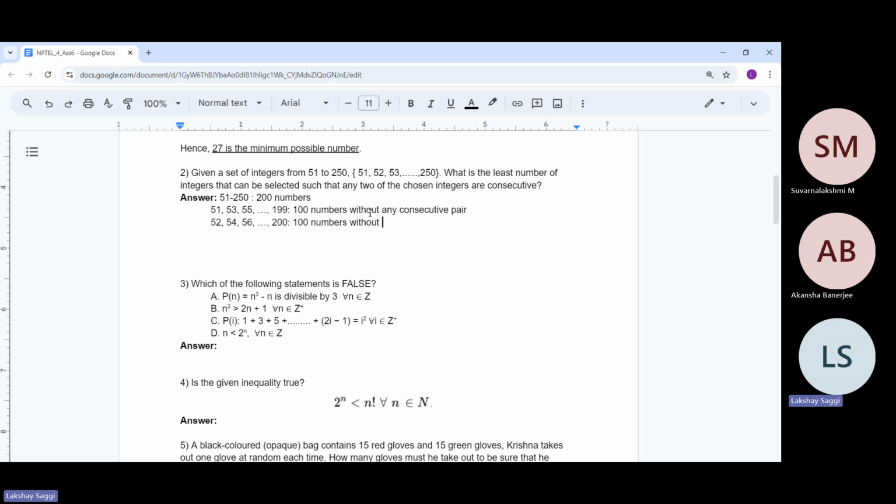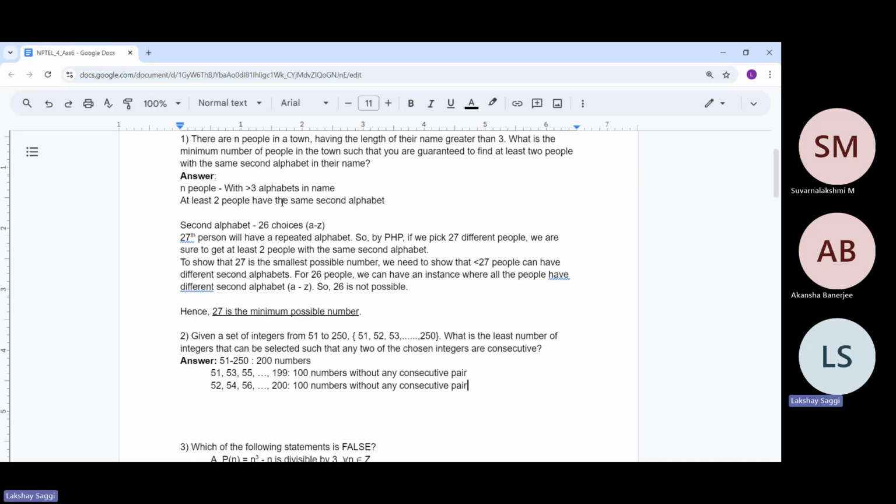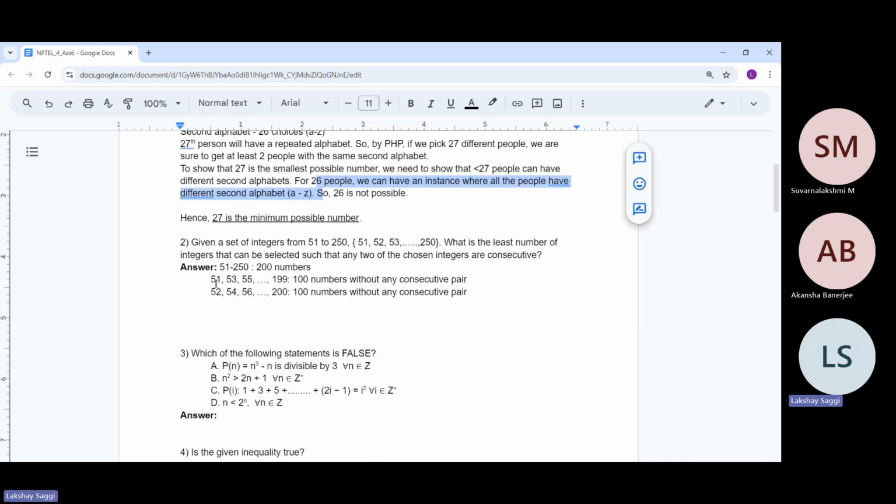Similarly, we have another 100 numbers without any consecutive pair. So what we are trying to show here is, like here we showed that if we have 26 people, we can always have an example where these 26 have different second alphabet. Similarly, here we have an example where we can choose 100 numbers which won't contain any consecutive pair.